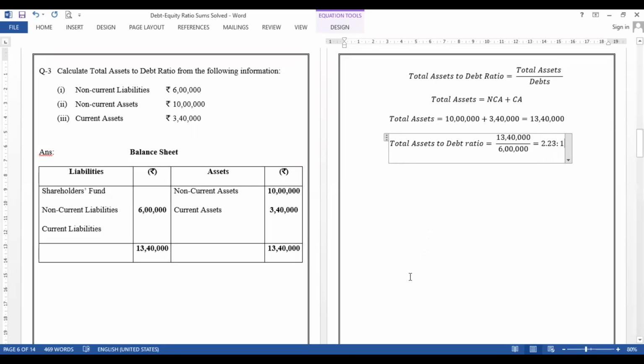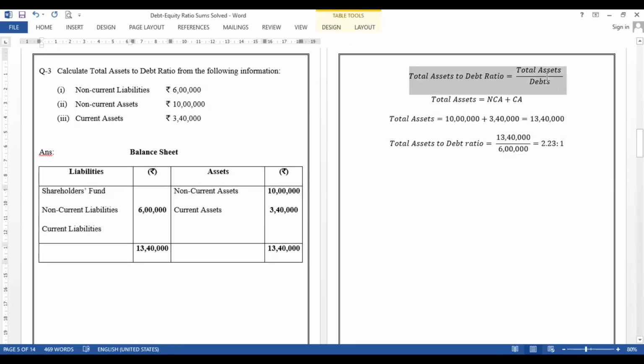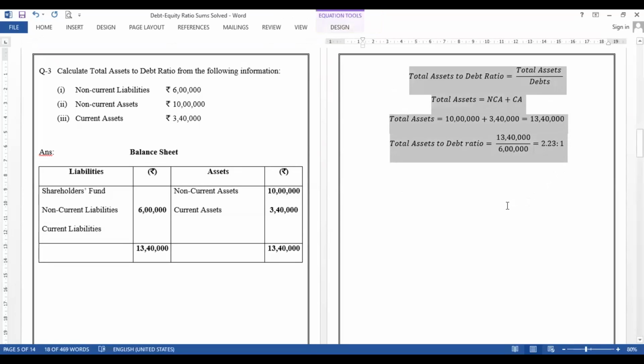So this is how we are able to solve this sum. Put the available information in the balance sheet in the T-shaped format, which will ease your calculation process. We can see that the formula has been mentioned over here. Total assets calculated 13,40,000 and non-current liabilities is directly given to us. So the values are placed in the formula and the answer comes to 2.23:1.